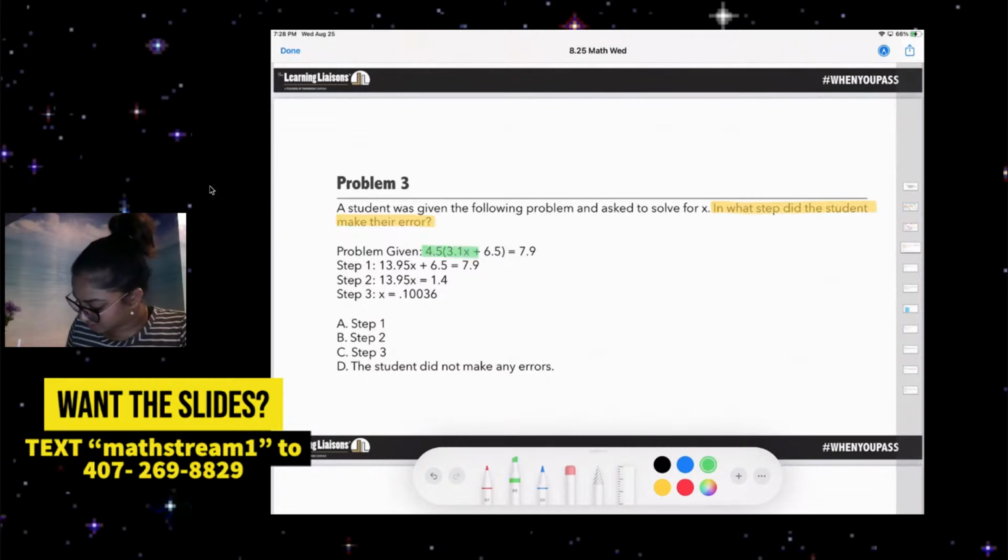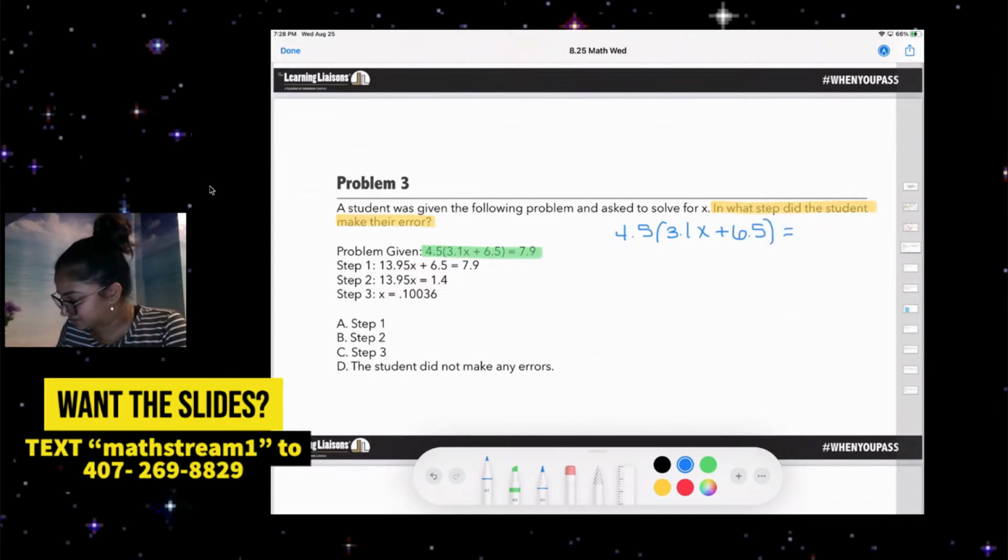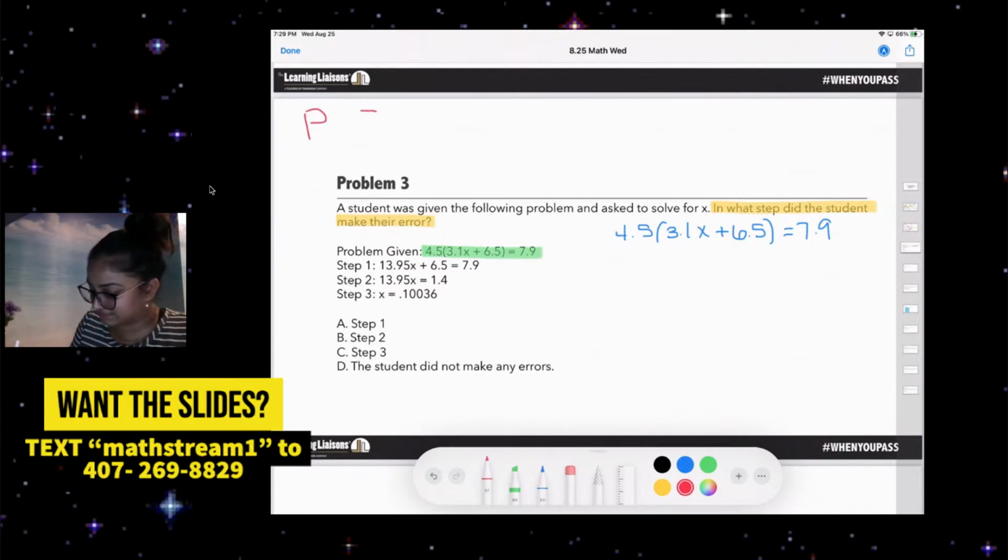So this is the problem. Let's write it off to the side and let's work it through together. We have 4.5 times 3.1x plus 6.5 is equal to 7.9. Remember, we have parentheses, exponents, multiplication or division, addition or subtraction.